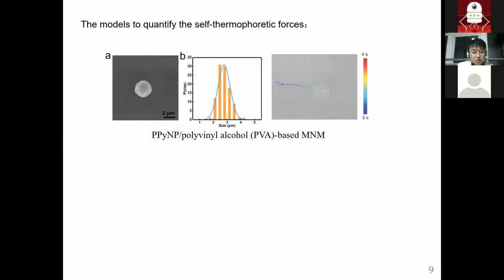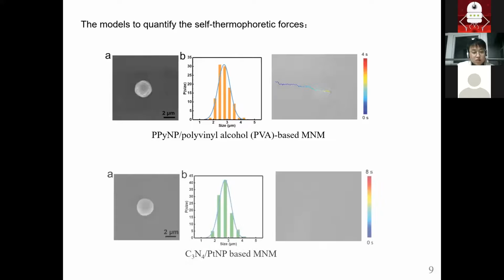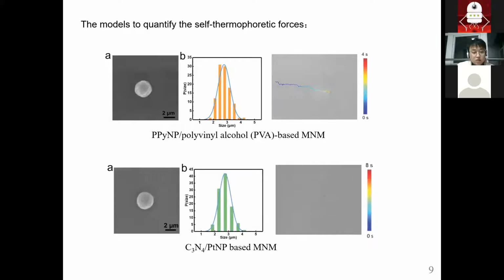We used a model to quantify the self-thermophoretic and self-diffusiophoretic forces.